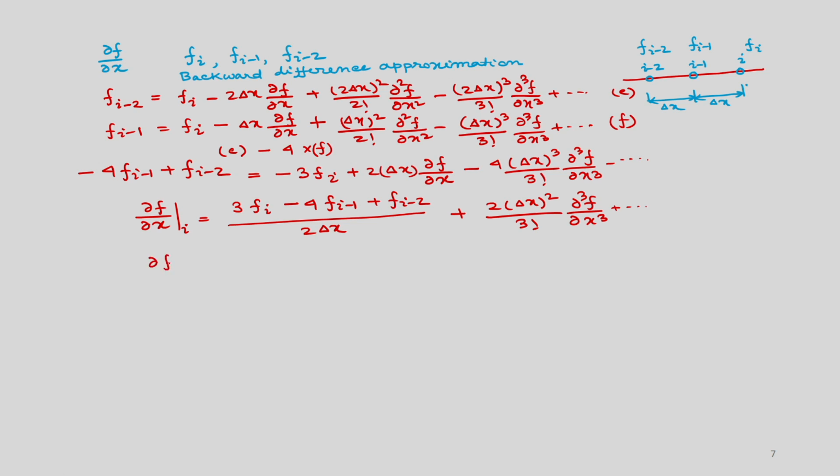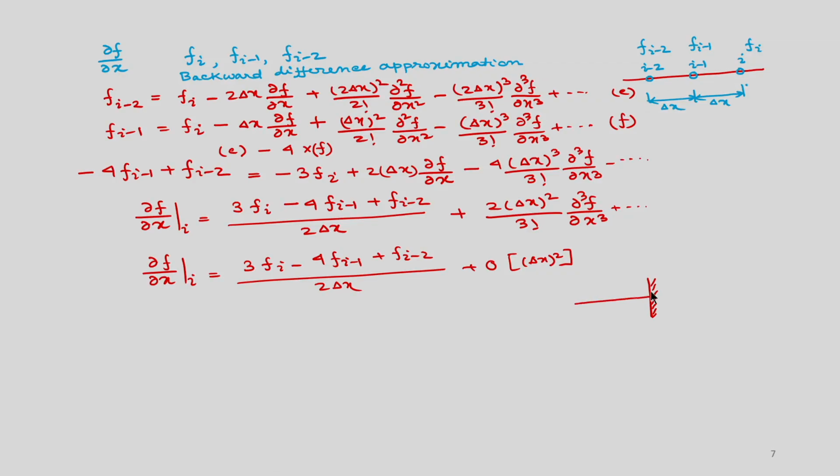So, for this approximation of del f by del x, you are using a backward difference approximation with 3 discrete values, f I, f I minus 1 and f I minus 2, which has order of accuracy delta x square. Similarly, you can use this for the boundary points. If you want to discretize the first derivative del f by del x at the boundary points and you need second order accuracy, then you can use this.